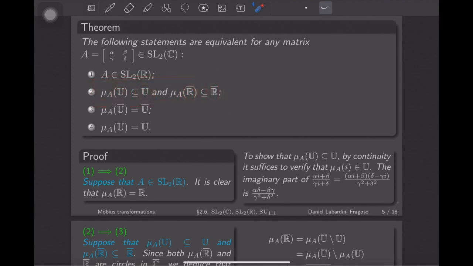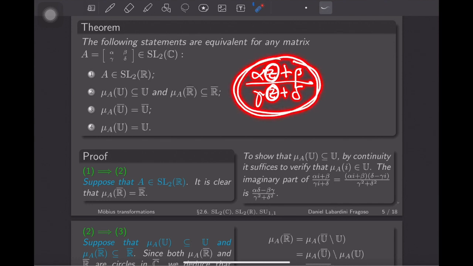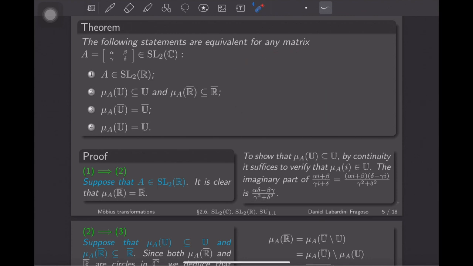One thing is clear: for a matrix in SL2R, when one analyzes this expression and inputs a real number, it's clear that this is going to be either a real number or infinity, if the matrix is in SL2R. And it's also clear that when I plug in infinity here, what I obtain is either a real number or infinity. So for A in SL2R, this is clear.